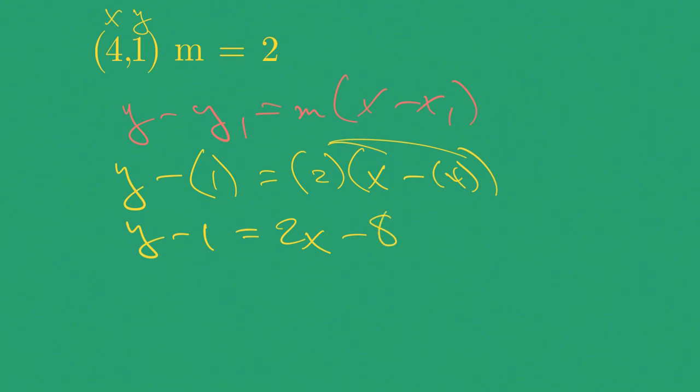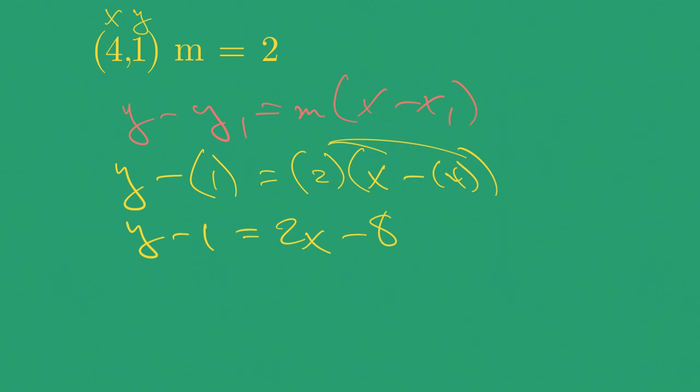Negative 8. Is everybody okay so far? Y minus 1 now equals 2x minus 8 because we distributed the slope of 2. Okay, so far so good?